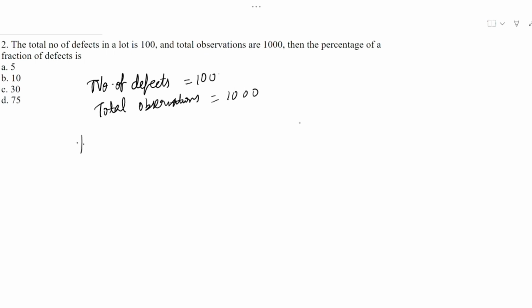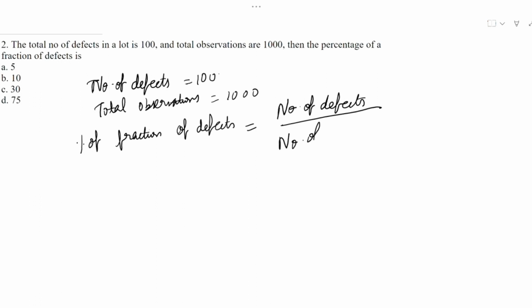Now the percentage of fraction of defects, or we can say P, is equal to number of defects by number of observations, which is 100 by 1000 into 100, equal to 10%.